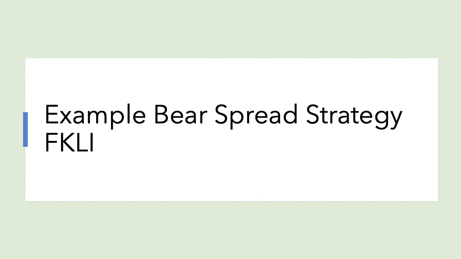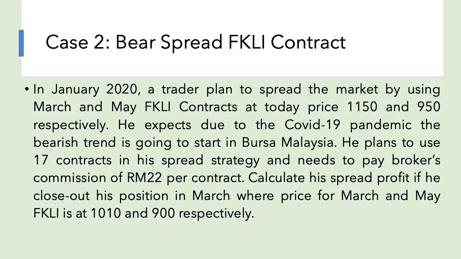This is example for bear spread strategy by using FKLI contract. If you look at this example, the difference between bear spread strategy for FCPO, the previous one, with this one, which is the FKLI, is only in step number 3, where you change the formula profit and loss to formula profit and loss for FKLI. Let's read the case.